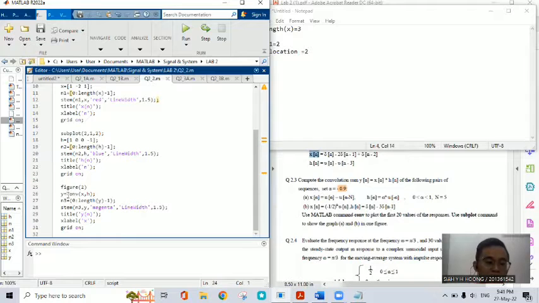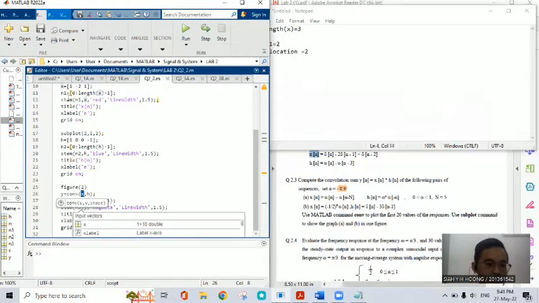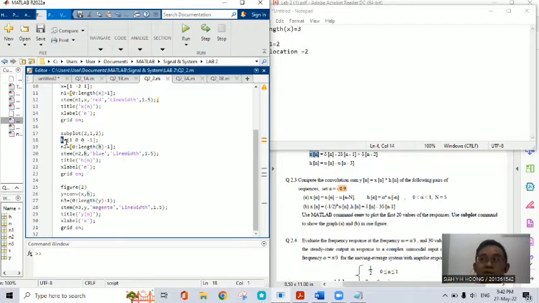We can find it by using this function, conv. Inside will have 2 variables: this x representing the first input signal, and this h representing the second, the impulse response. By having this function, MATLAB will help us calculate automatically.